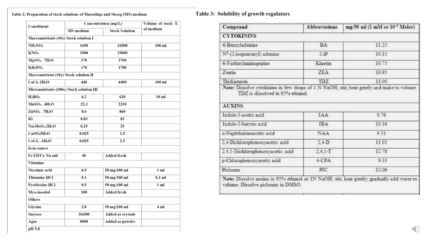Most of these growth regulators are autoclavable, and sometimes we have to use a micropore filter and add them after autoclaving the media, in the tissue culture lab in laminar flow.